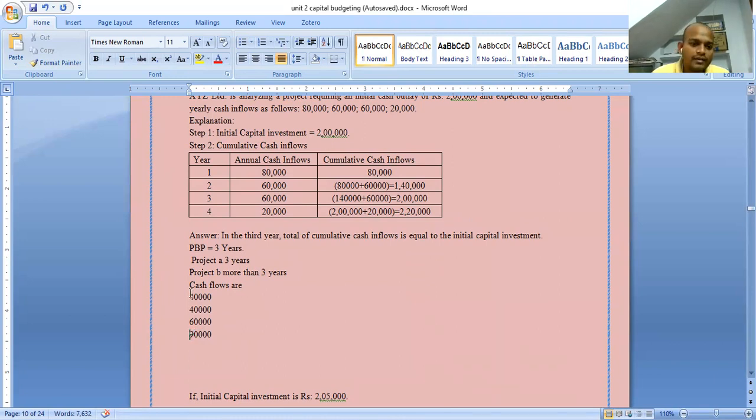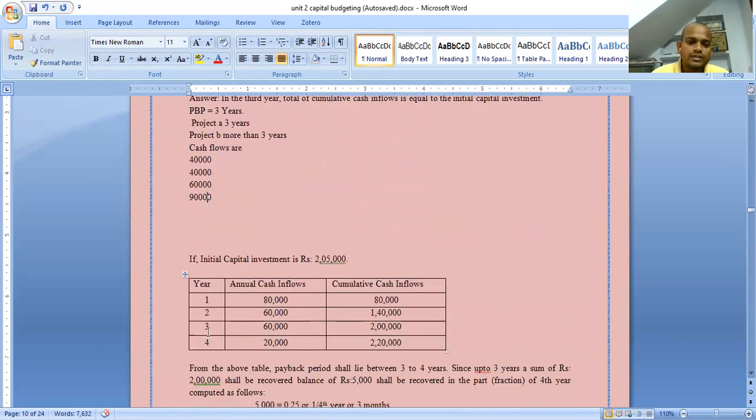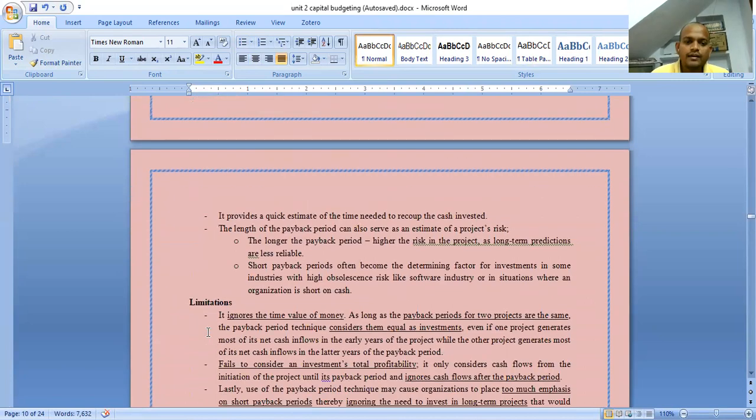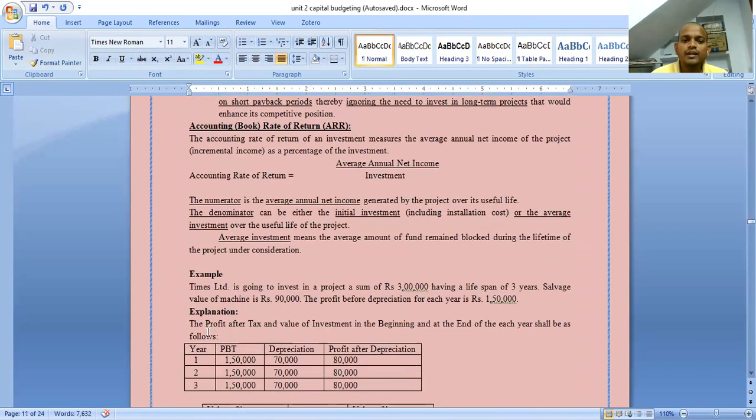But the average rate of return considers all the cash flows. So that is the advantage of the accounting rate of return. How to calculate it? Average annual net income divided by investment. So we have to average the annual net income.